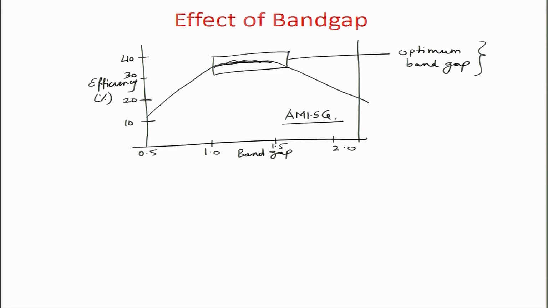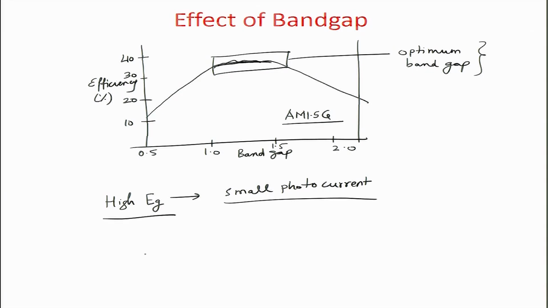Okay. So, basically we see the conundrum, higher energy gap on one hand gives you small photocurrent because you are going to absorb less number of photons, right. So, if your band gap is higher, the current is going to be smaller, but at the same time it also gives rise to higher VOC.